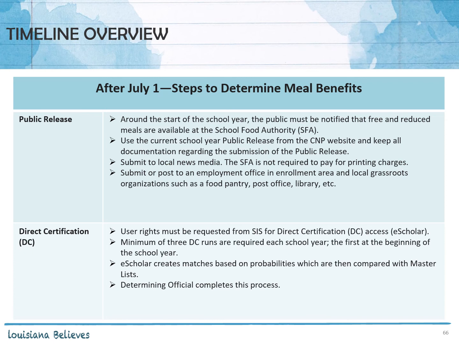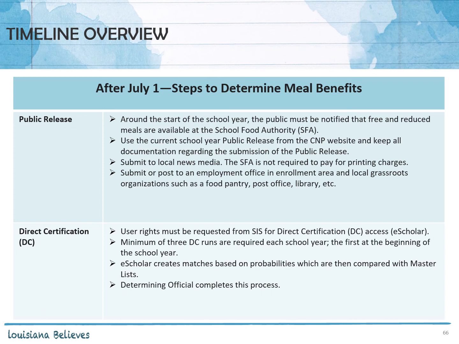SFAs also need to submit to a local news media. The SFA is not required to pay for printing charges. Submit or post to an employment office in the enrollment area and local grassroots organizations such as food pantries, post offices, libraries, etc. After July 1st, you will also start to think about direct certification.